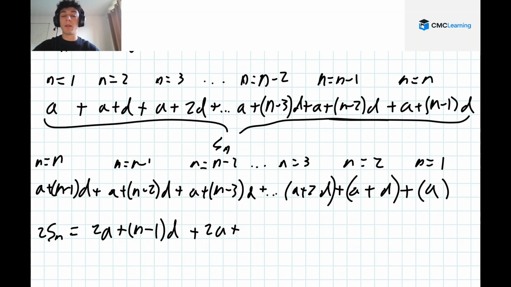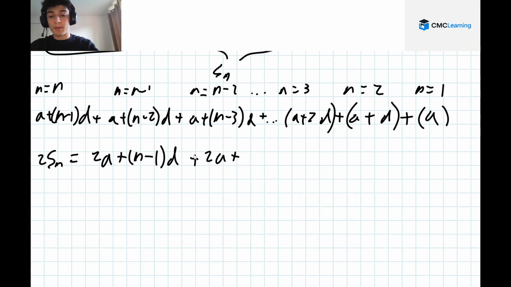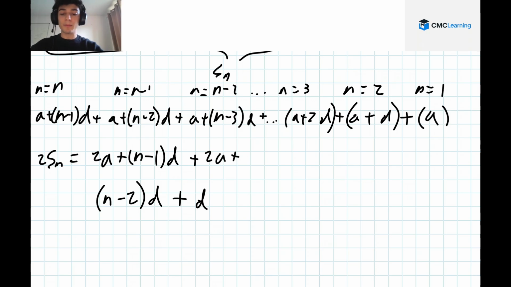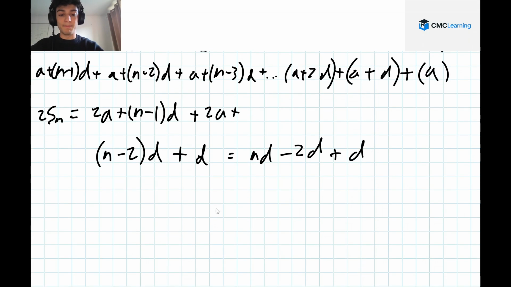If I'm doing n minus 2 multiplied by d, we can write this out explicitly. We want to add this to the d term above. In this case, there's just 1d. If we expand this out, we get nd minus 2d. And on top of that, we're adding the value of d.